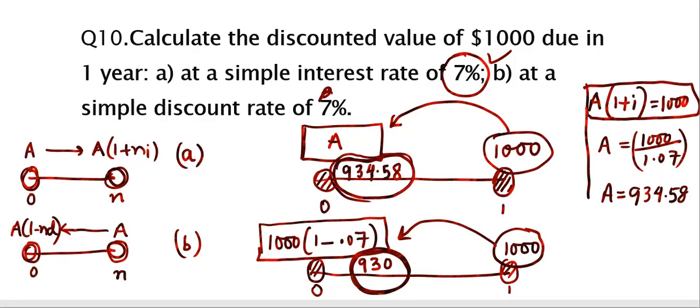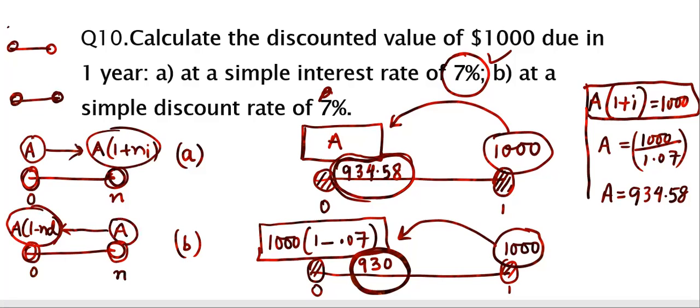Think on this once again. I've written here: A grows to A into 1 plus ni, A into 1 minus nd grows to 1. Whichever way you want, it doesn't matter.